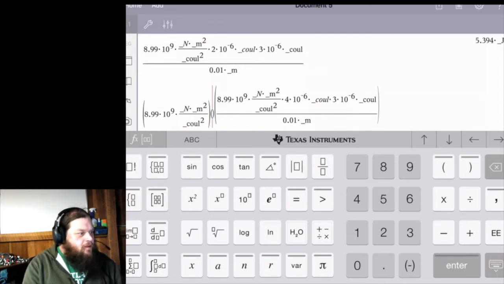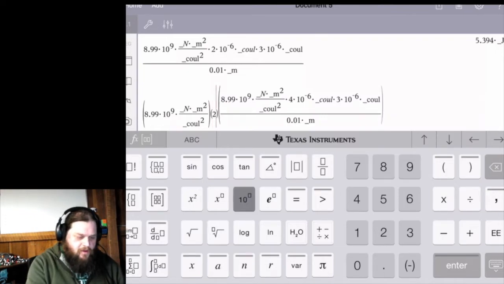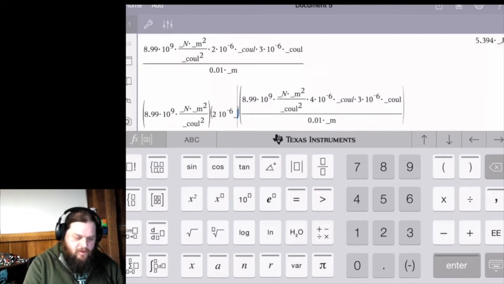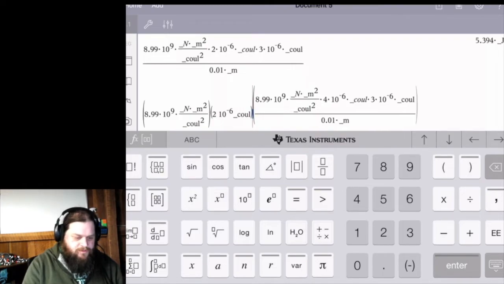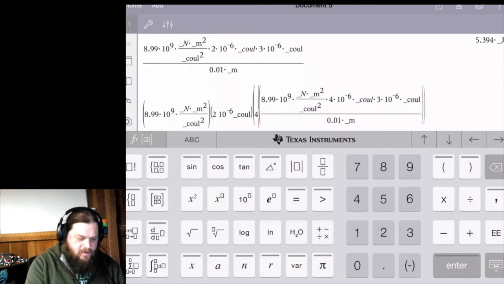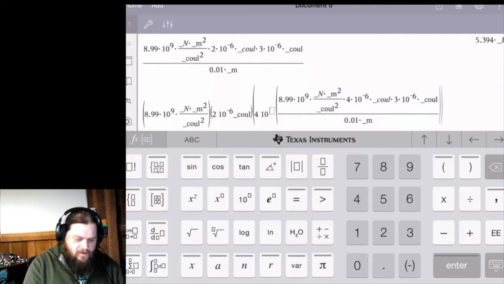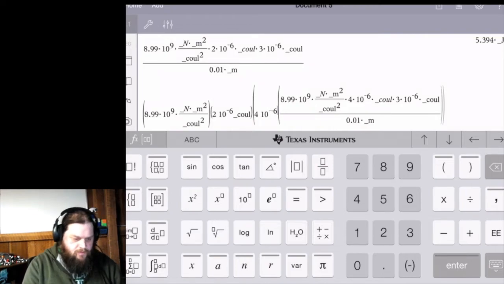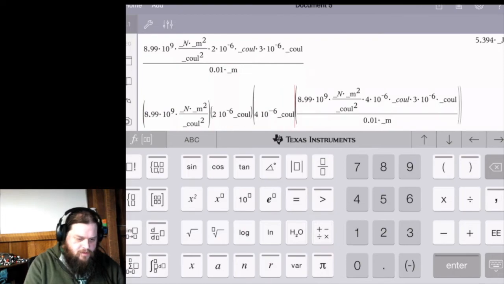Now, finding the values for the charges 1 and 3, it's that 2 times 10 to the negative 6 coulombs times, in this case, 4 times 10 to the negative 6 coulombs.